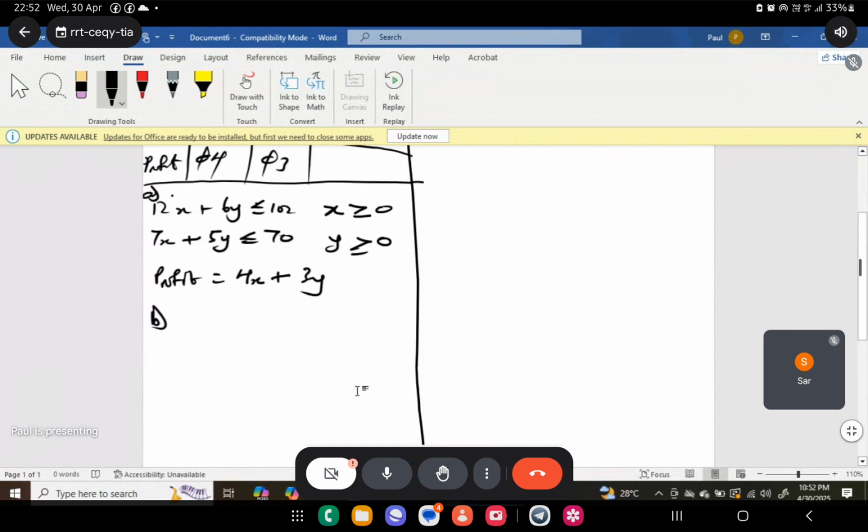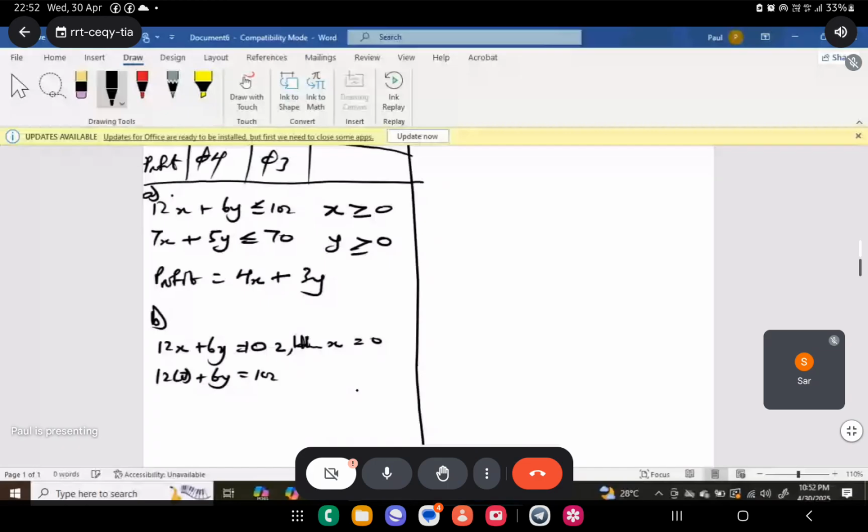Okay, so you assume they are all equal. So you say 12x plus 6y is equal to 102. Then you see when x is equal to 0, everything on the x side will be 0. 12 times 0 will be 0.